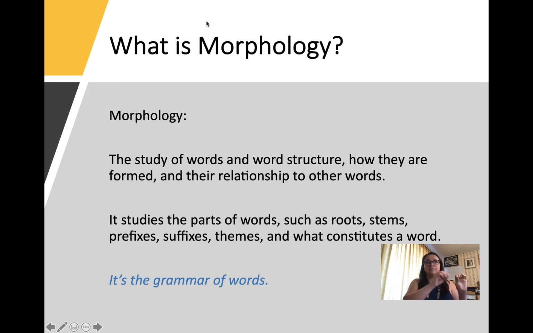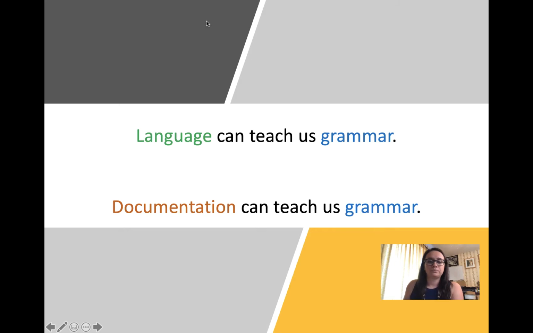Sometimes a series is required, and at least in the Dene languages that I study, it's more like a string of beads that, in order to form a word, are required, and it's still the core meaning. Basically, what we're looking at is what constitutes a word and what the parts are in your language. Basically, morphology is the grammar of words.